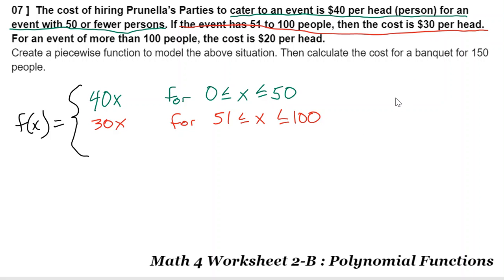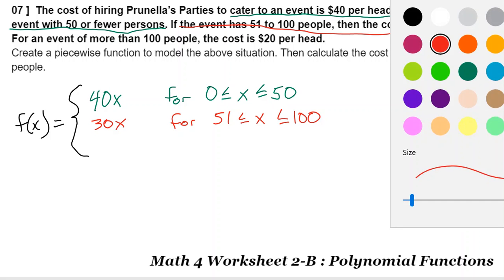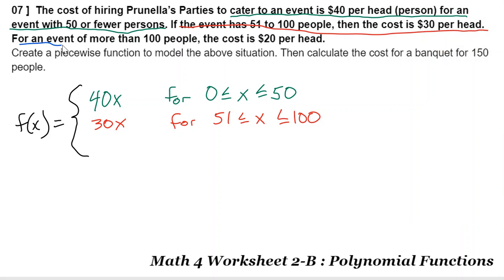Because I guess you can't really have a half a person, not unless you're talking about infants or something like that, that they would charge half, but there's no mention of that here, so we're not going to go there. All right, and then more than 100, 20 bucks a head. X is greater than 100.